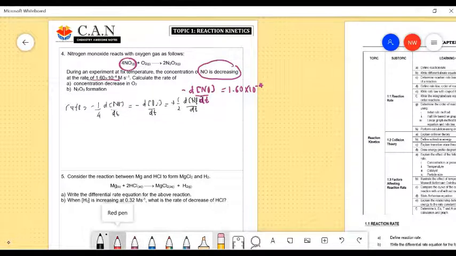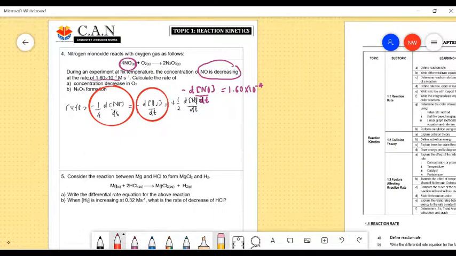So, now I akan comparekan rate yang ini dengan rate of oxygen. Okay, so kita tulis balik persamaan tersebut. Rate equal to negative 1 over 4 dNO over dt equal to negative dO2 over dt. So, dekat sini kita akan dapat satu markah lah. And then kita buatlah kita punya calculation.